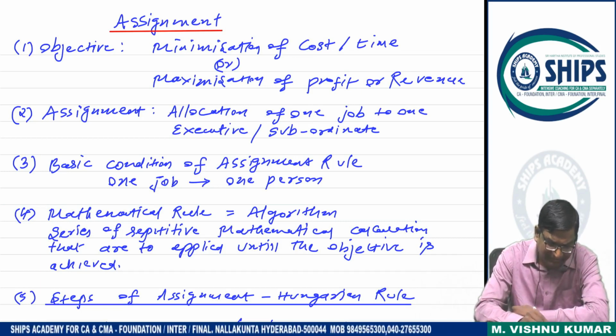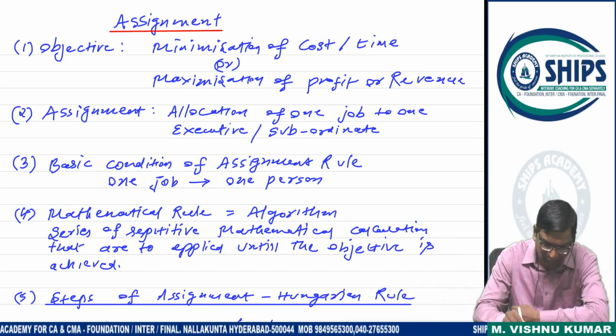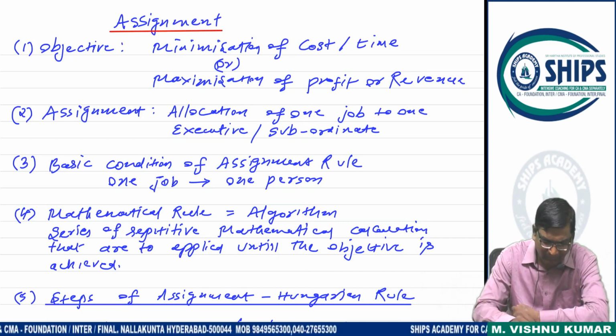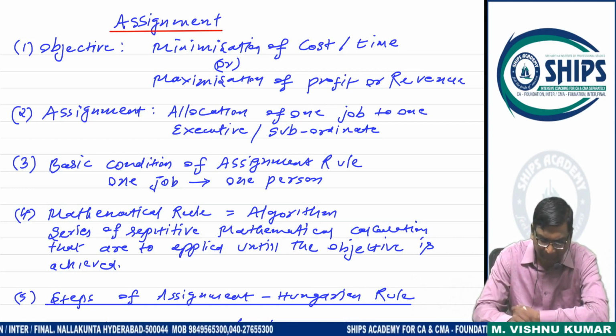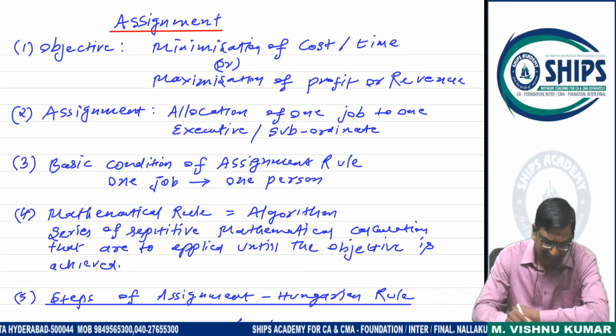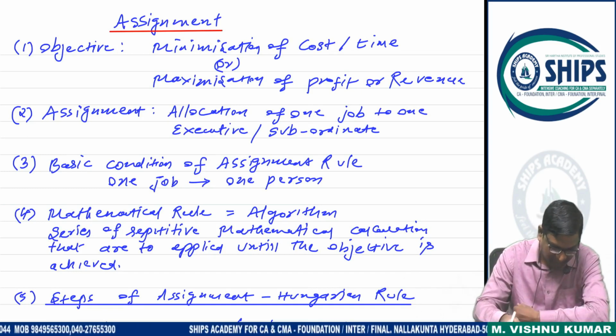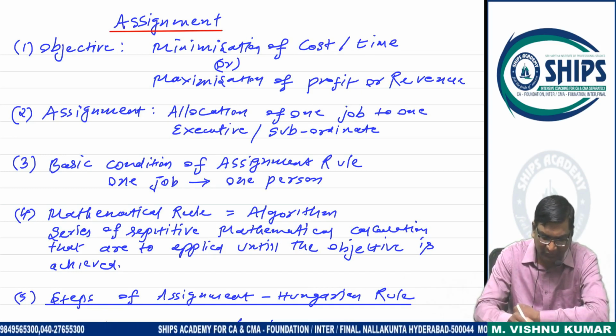Assignment rule of thumb is what? Allocation of one job to one executive or subordinate. It means no job should be given to two subordinates or executives. It means two persons cannot do one work and two jobs cannot be given to one person. Always the relationship is 1:1. Suppose two persons are doing one job, then assignment will not be applicable.